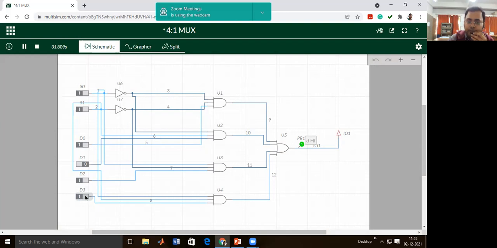For select lines equal to 4, it should be a 16:1 multiplexer. If it is 5, 32:1. If it is 6, 64:1. As per the requirement, we have to choose the particular input combinations. And by the same procedure, we can also design the higher order multiplexers.